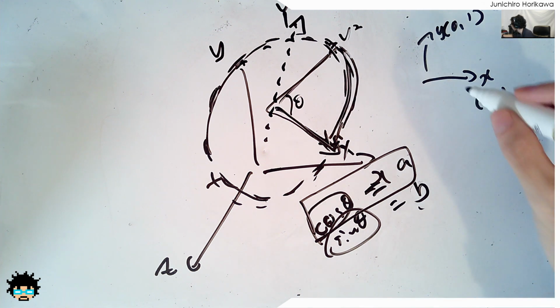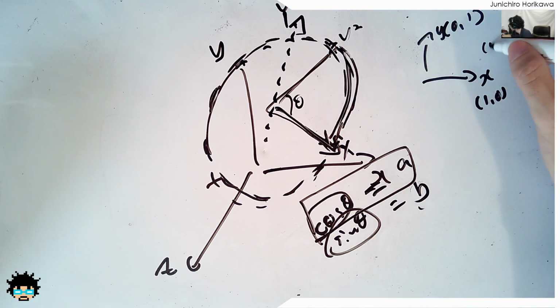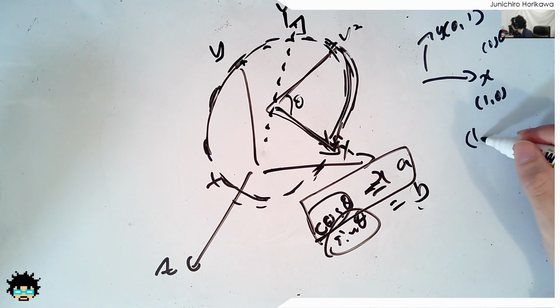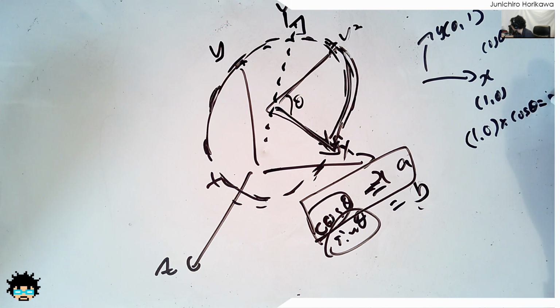And when we were using the cosine value and sine value to estimate the coordinates for x and y, we were actually saying (1, 0) multiplied by cosine theta is the x coordinate, and (0, 1) multiplied by sine theta was the y coordinate.